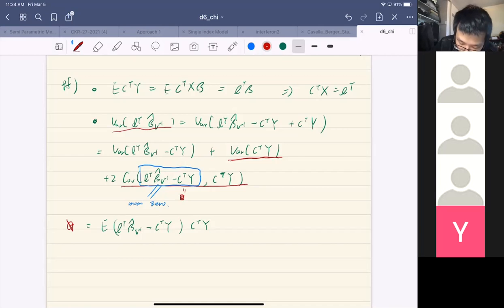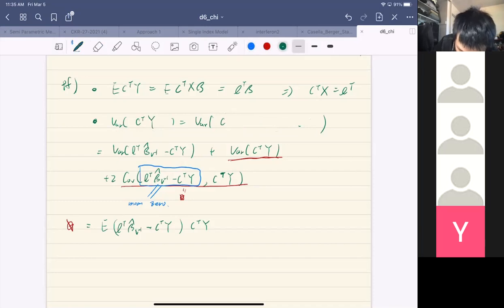Oh yes, I went in the wrong direction. So this should be C times Y. Yes, because we want to show this one is larger, so it should be here. Okay, thank you.